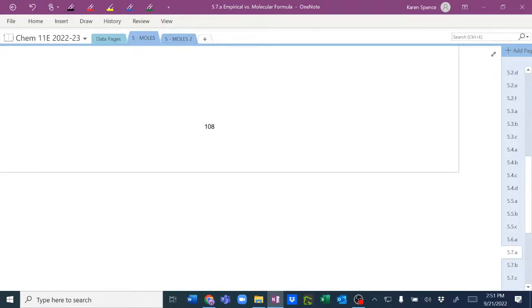Do you have your first procedure step? Yes? Do you have any data or observations yet? No. I do. What do I see? 22.37 grams.